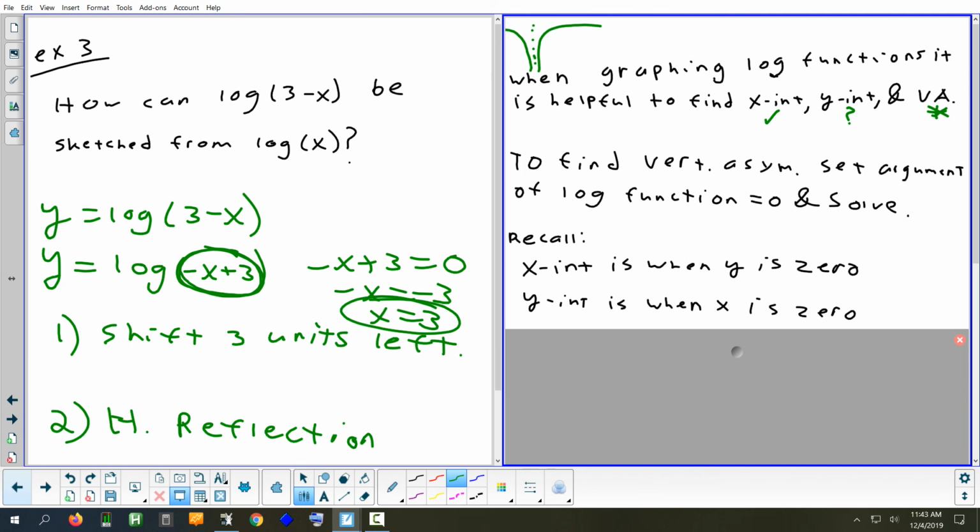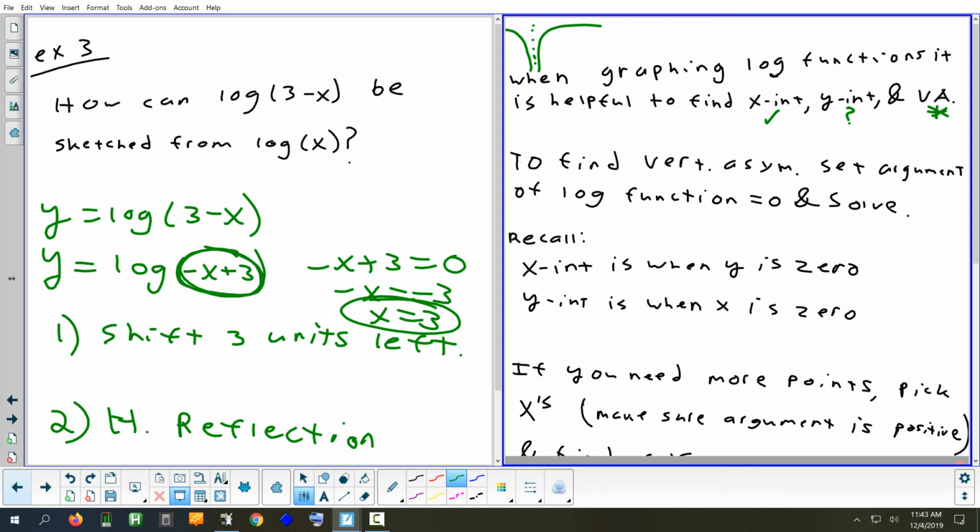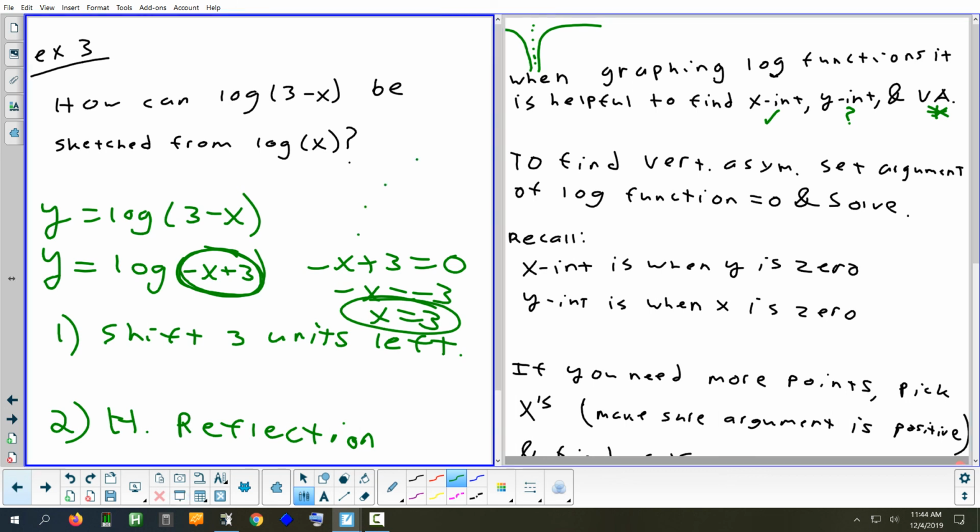The y-intercept is when you plug in 0 for x. And if you need more points, which I usually do, use your calculator and plot a couple more. I mean, I would say if you've got 5 points like that, that's going to be pretty good.